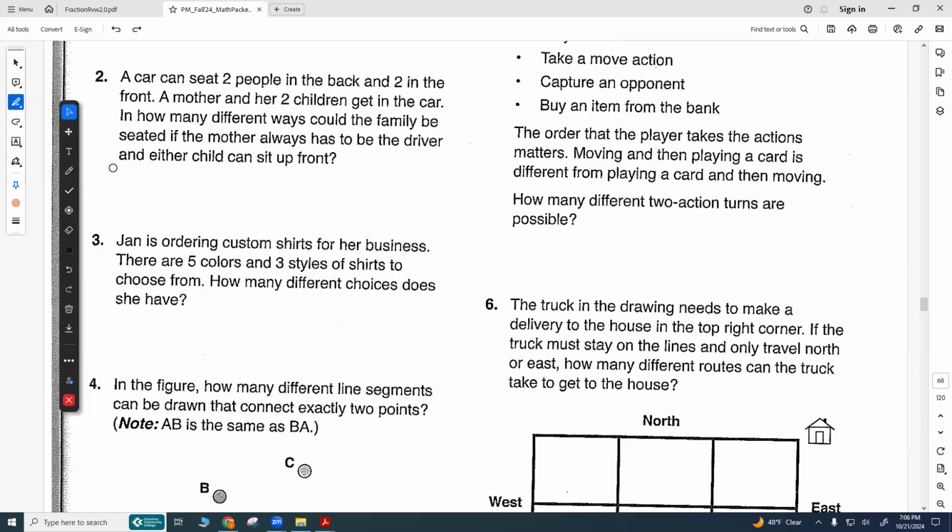That makes sense, right? Because we have 2 kids, and each of the 2 kids can sit in one of 3 spots, right? Is that making sense, hopefully? A little bit.